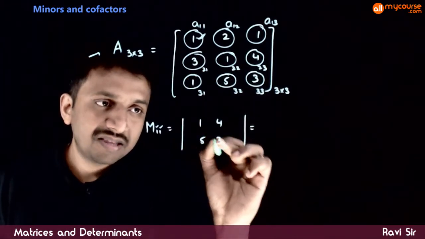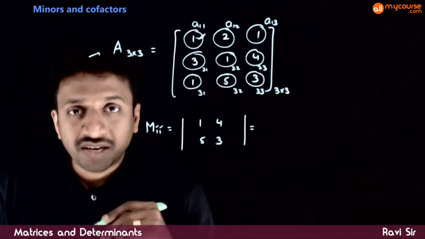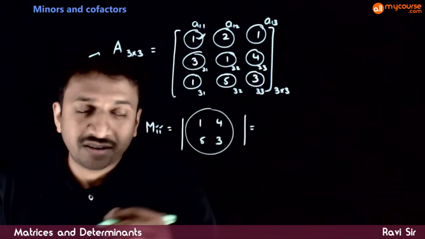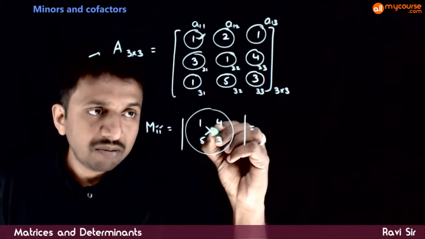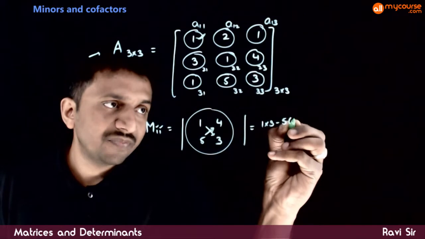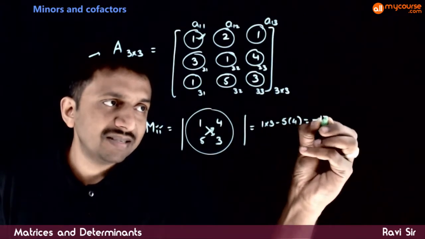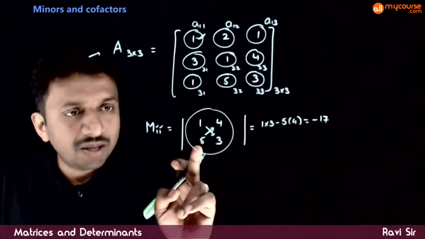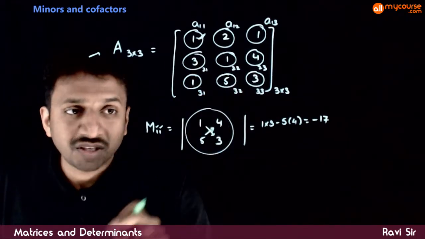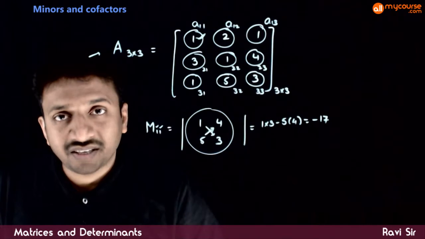That is 3 minus 20. We have already seen how to find the determinant of a 2 by 2 matrix. 1 into 3 minus 5 into 4 is minus 17. So the minor corresponding to the 1, 1 position of this matrix is minus 17.